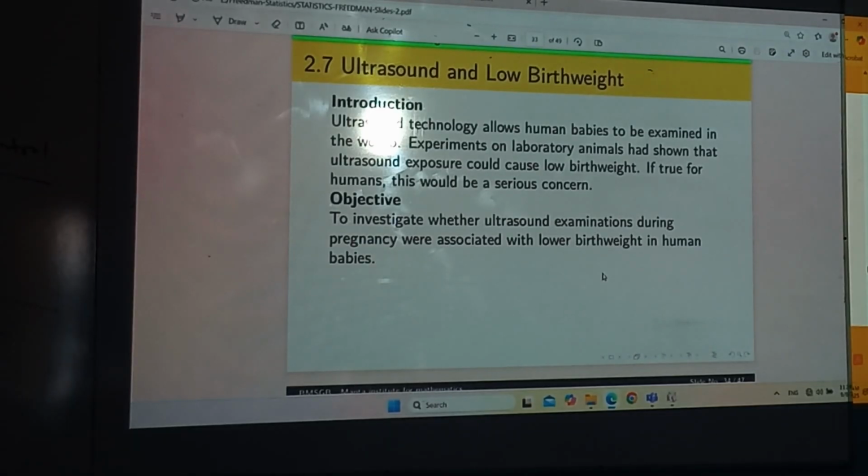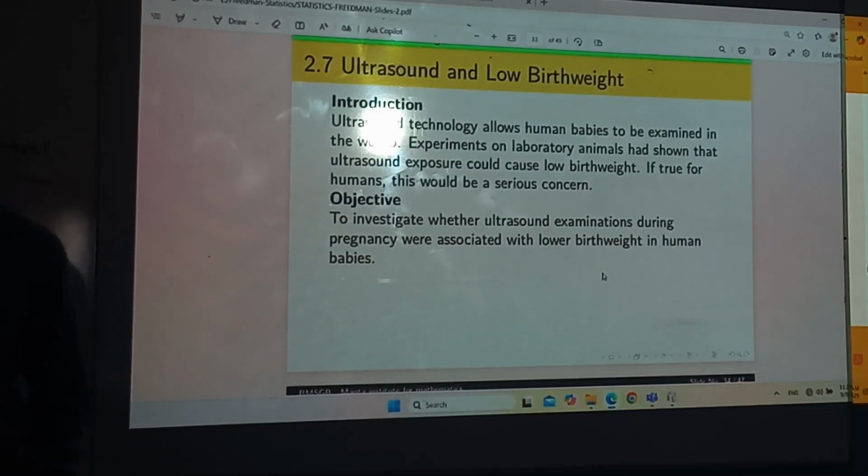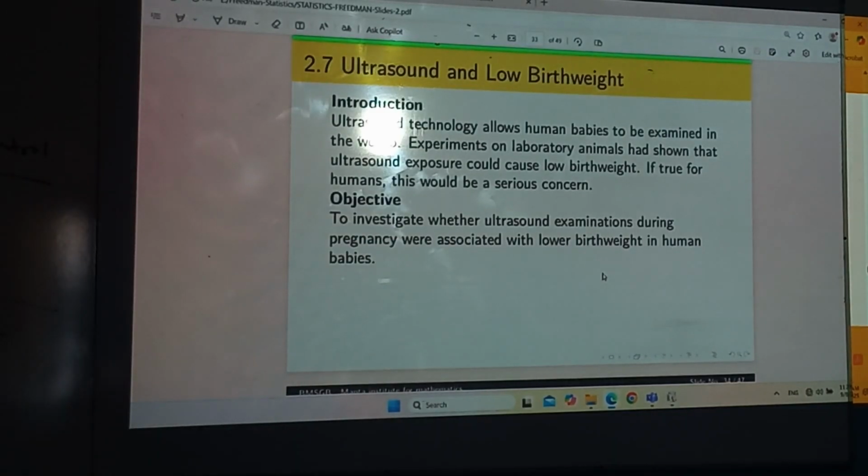So experiments on laboratory animals had shown that ultrasound exposure could cause low birth weight in animals. So if it was true for humans also, that would be a big problem, right? Because nowadays we run a lot of ultrasound before the birth, so if that causes low birth weight, that could be a problem. So that was a big concern during that period.